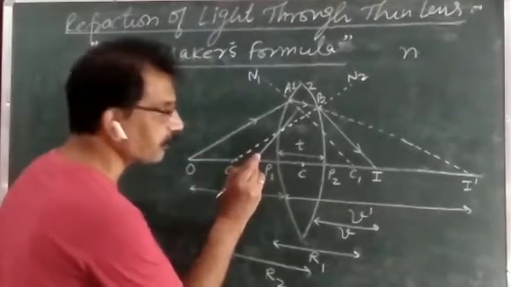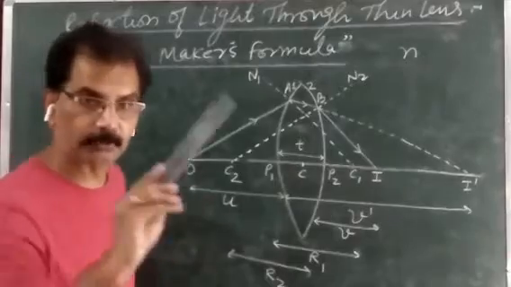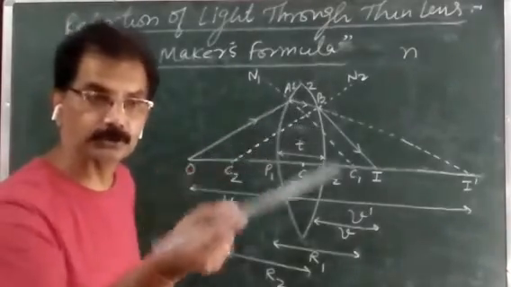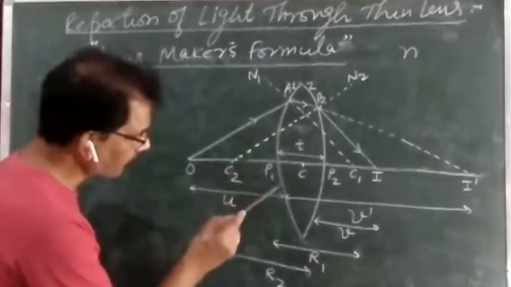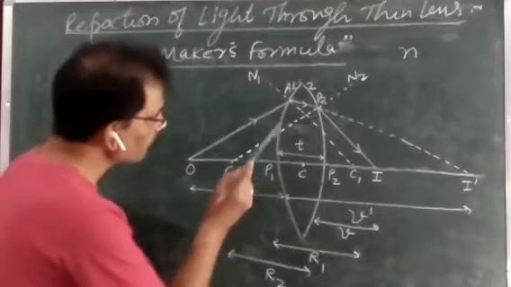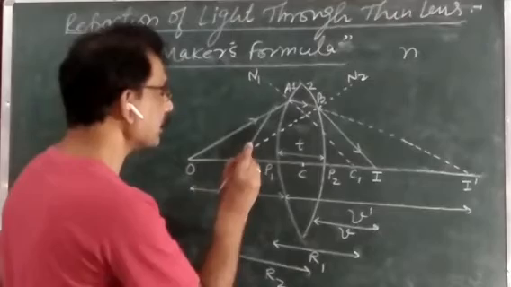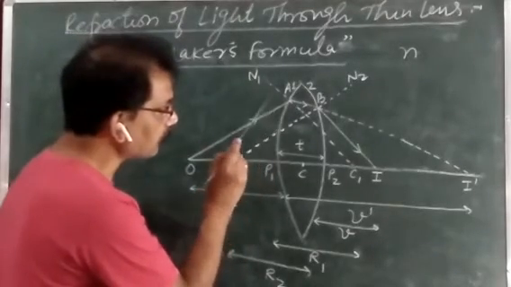So when a ray of light started from this object goes from rarer to denser, it bends towards the normal. First, refraction will take place at the first surface, and for this first surface the incident ray is going from rarer to denser. It means it bends towards the normal.